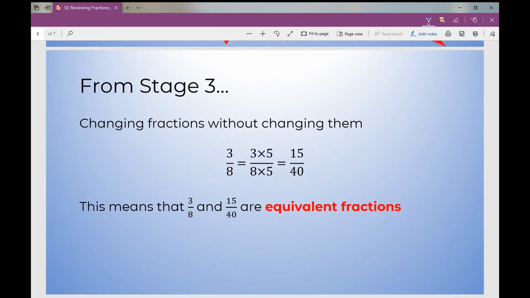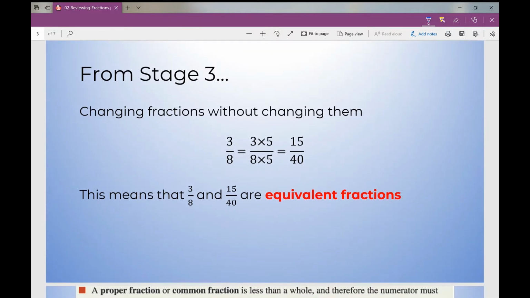Okay, so going on to our work on fractions, the first important thing we want to talk about is called equivalent fractions. These are fractions that have different numbers.